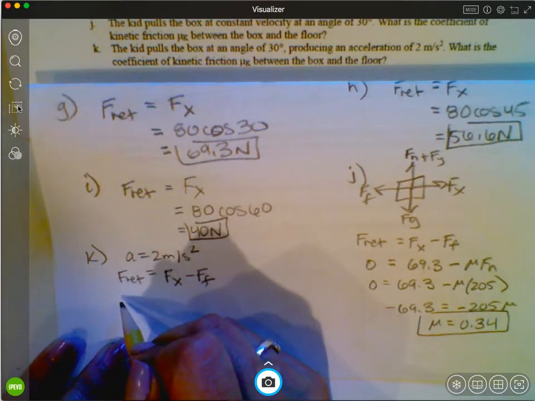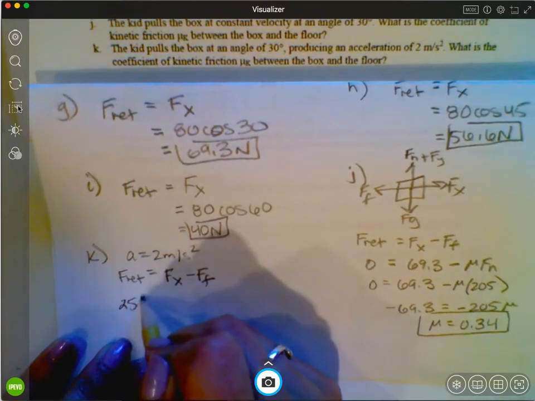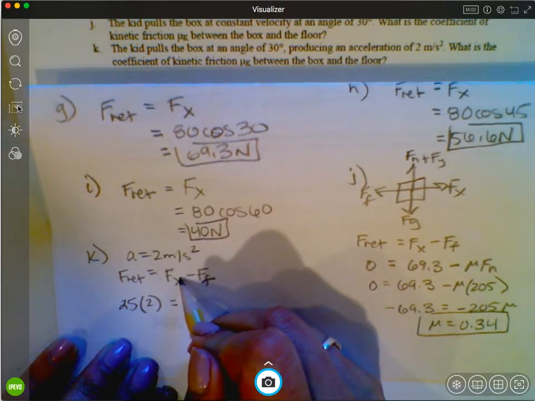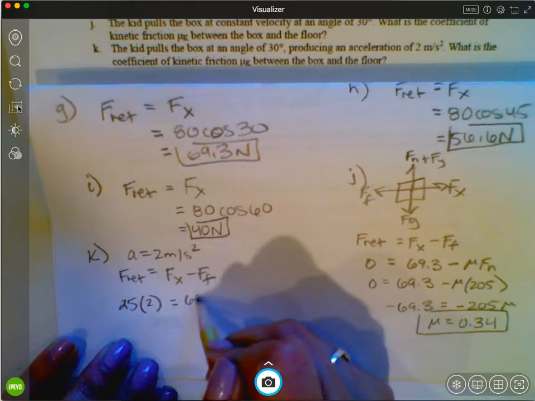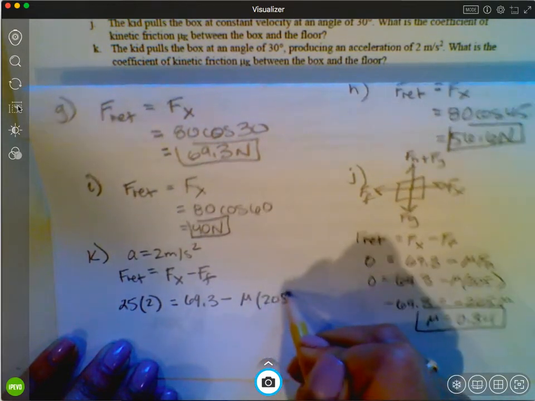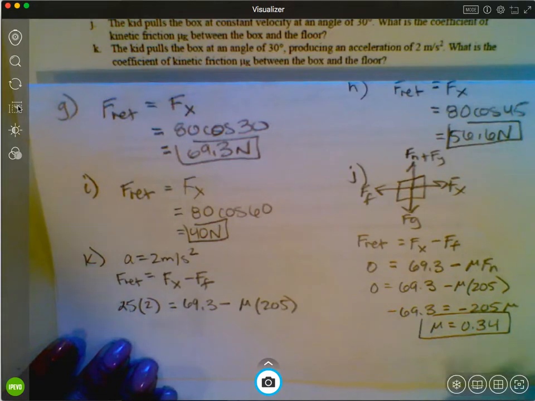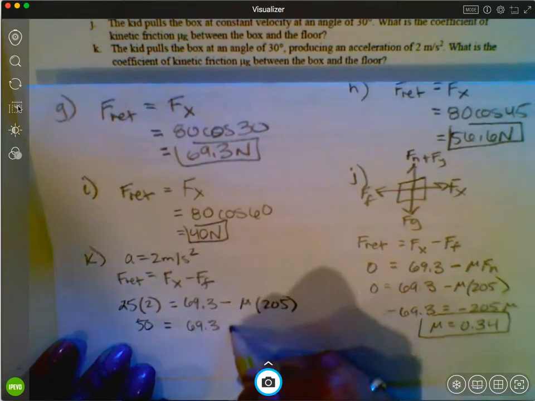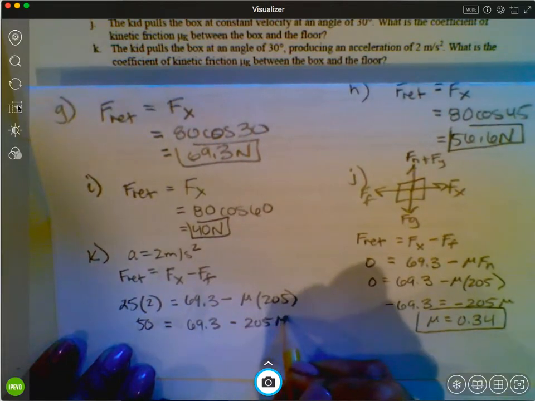So m was 25 times 2, so that's ma, equals Fx, which doesn't change. She's still pulling with the same force, so this is still 69.3, minus mu times 205. Okay? 25 times 2 is 50. All right.